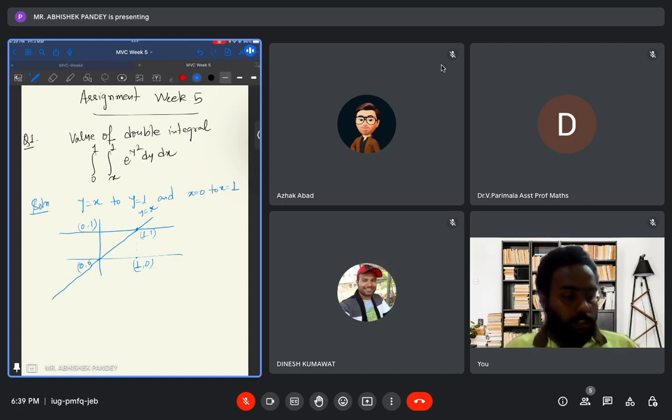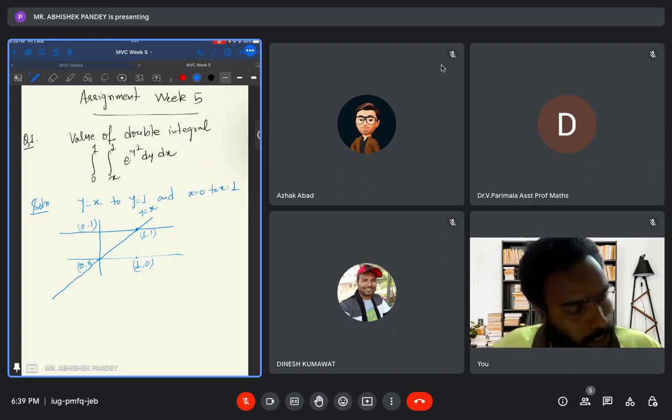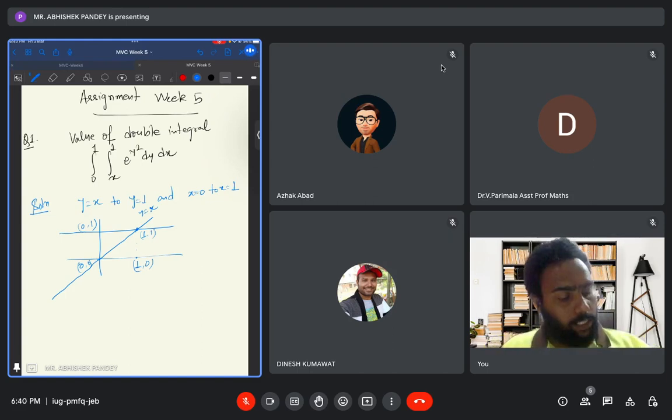So we need to change the order of the integration. For that, what we will do: here the limit of y is given. Now we have to find the limit of x in terms of y. So we will place a grid. This is dy.